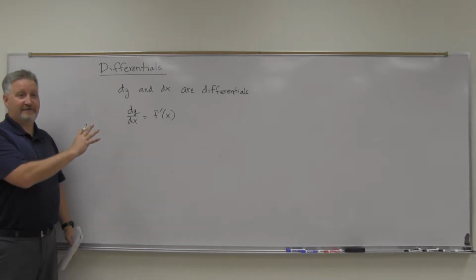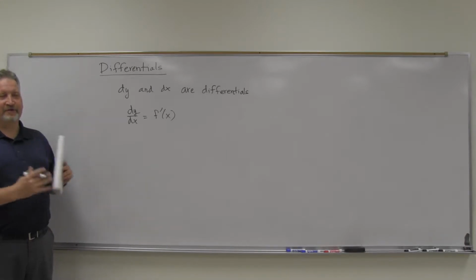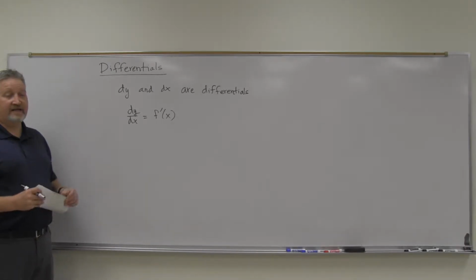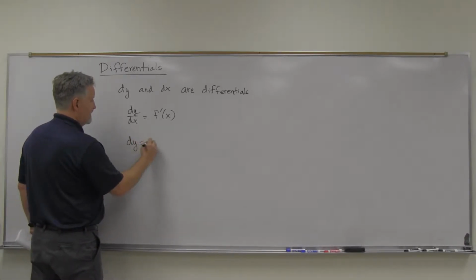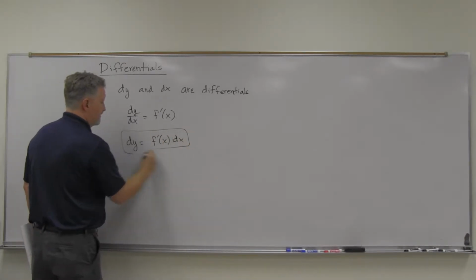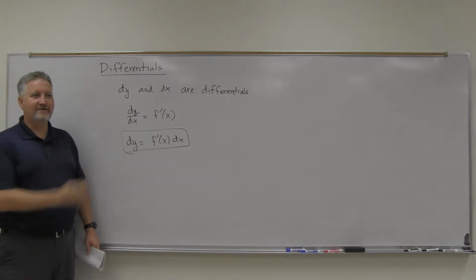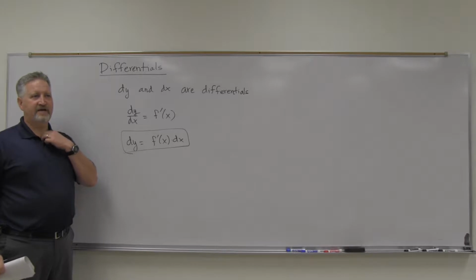If you solve that for dy, that gives us the relationship between dy and dx. If I just multiply both sides by dx, don't I get this? Yeah. That's our dy equation. dy is equal to f prime times dx.